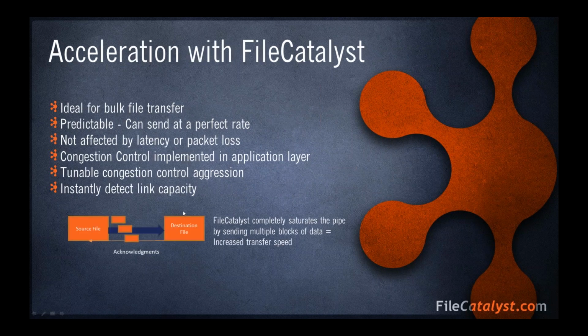So this is how FileCatalyst UDP-based transfer works. You have your source file and your destination file, but now we number all our packets in such a way that when they arrive at the destination, the receiver will be able to rebuild the files quickly and efficiently, and identify what's missing.